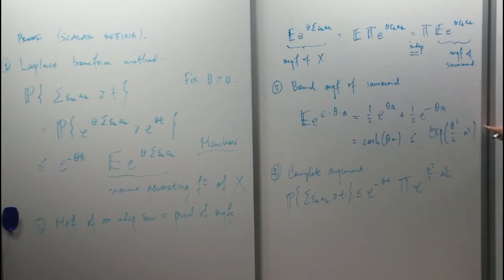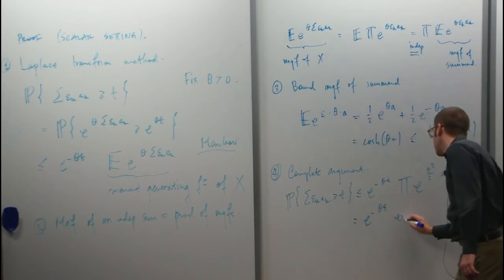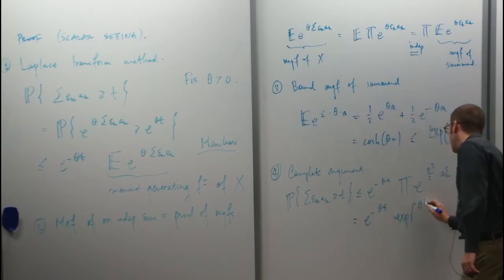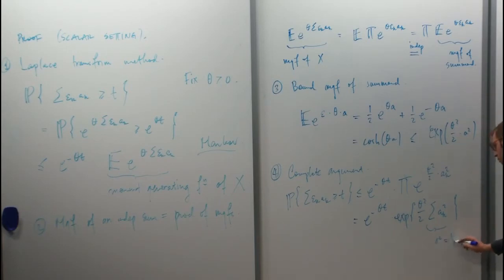So we've plugged this bound into here, plug that into there. And now we pull the product back into the exponential. We obtain e to the minus theta t times the exponential of theta squared over 2 times the sum of ak squared. And this is the number that we were calling sigma squared before, the variance of the sum.